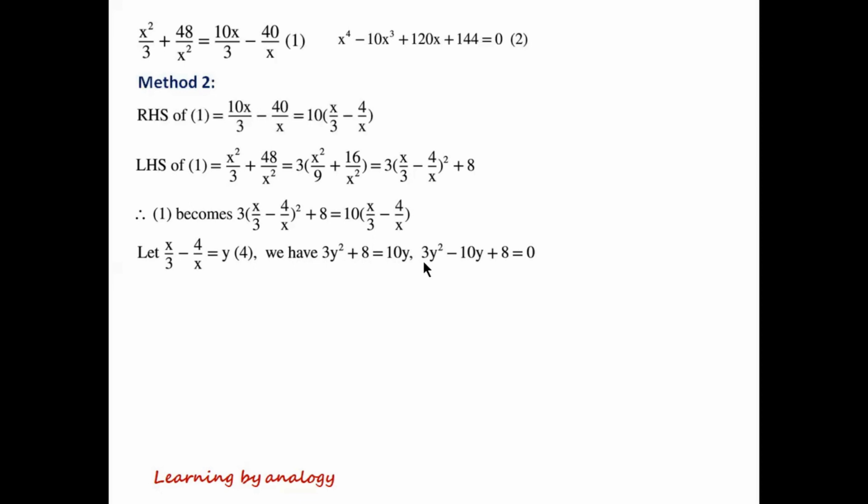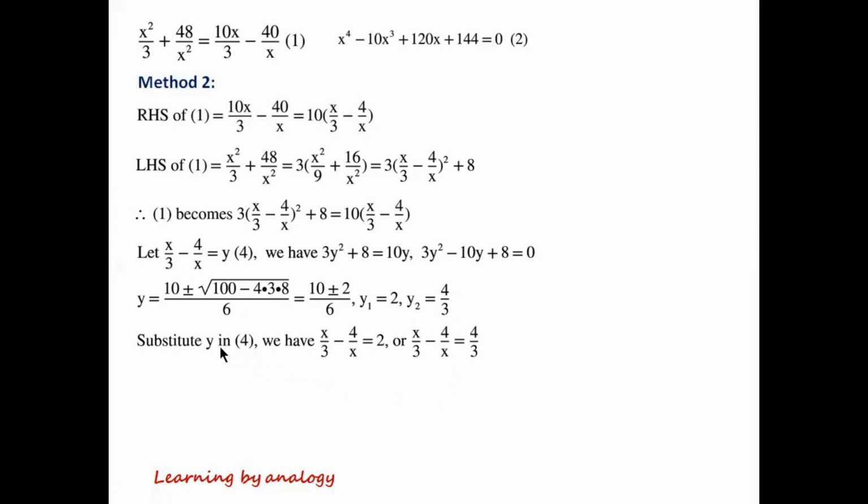Rearranging, we have 3y squared minus 10y plus 8 equals 0. y equals 10 plus minus root of 100 minus 4 times 3 times 8 over 6, equals 10 plus minus 2 over 6. So y1 equals 2, y2 equals 4 over 3.